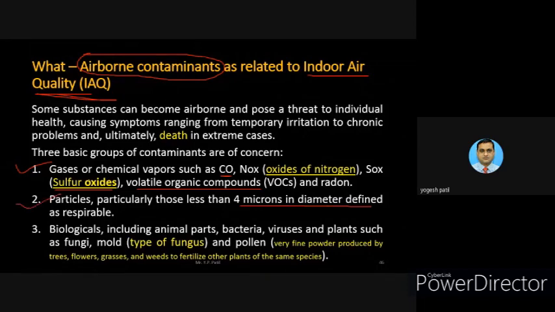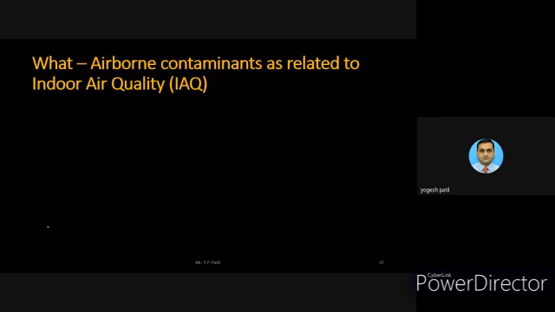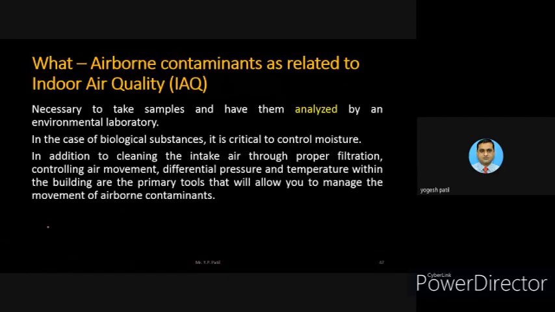Then biological things like animal parts, bacteria, viruses, and plants such as fungus, mold, and pollen. Samples are required to be taken and analyzed, and all these things are mentioned in this particular slide.